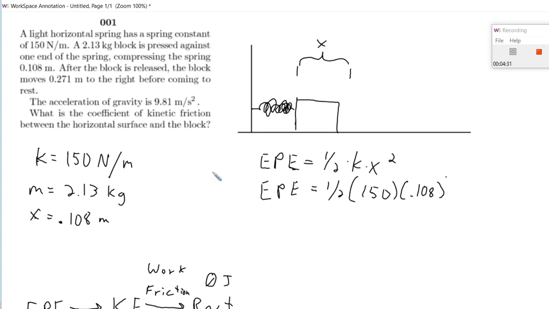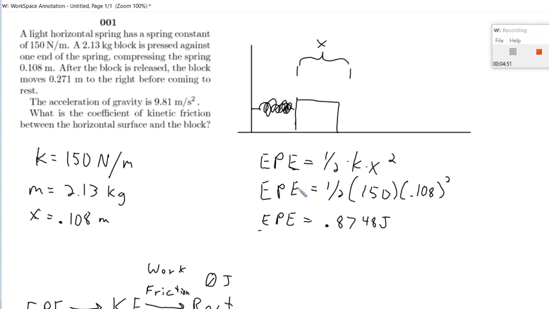And when I plug the numbers into my calculator, or my abacus, or whatever it is that you're using, I get 0.8748 joules of energy. Now, of course, that's my answer.